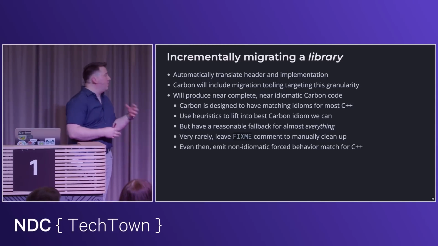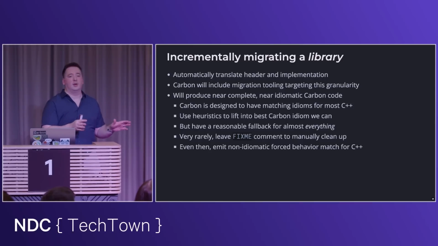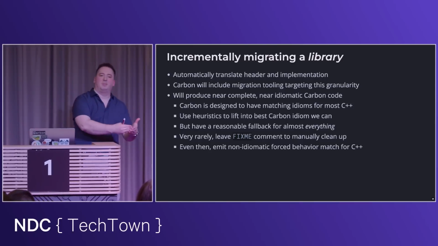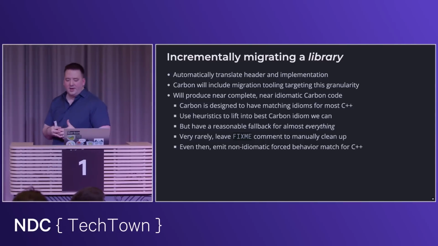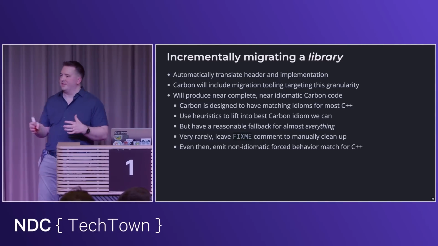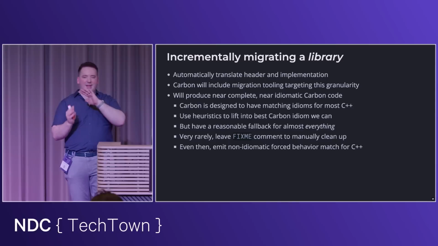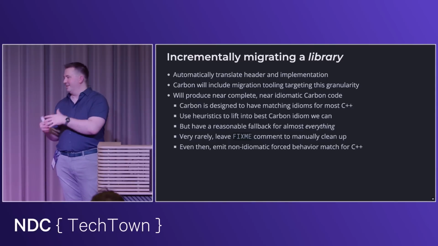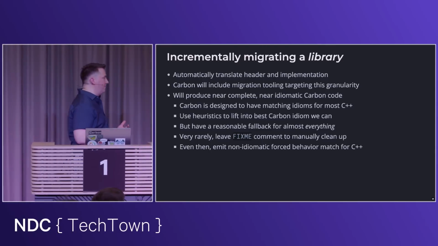And even when we do that, we'll try to come up with some contrived sequence of Carbon code that precisely replicates the behavior of the C++ code, if we can do so. Maybe there are some cases where we can't, but generally speaking, we expect this to need eyes and code review, not to completely fall apart. That's the kind of experience we want people to have here.